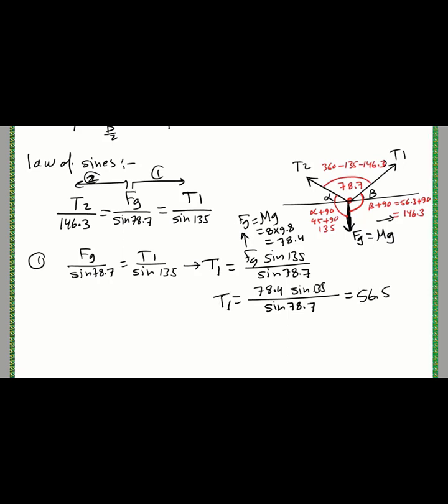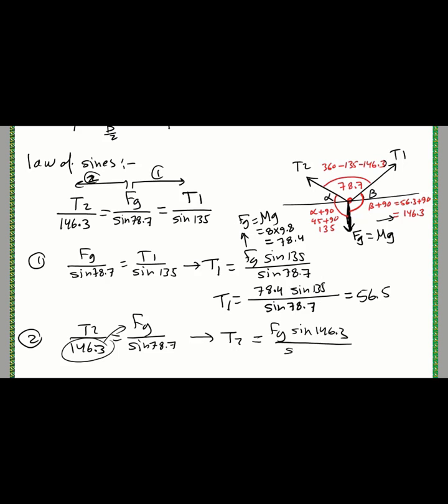That is T1. Now for T2, go to the other path, the second one. T2 over sine 146.3 equals Fg over sine 78.7. That means T2 equals Fg sine 146.3 over sine 78.7.